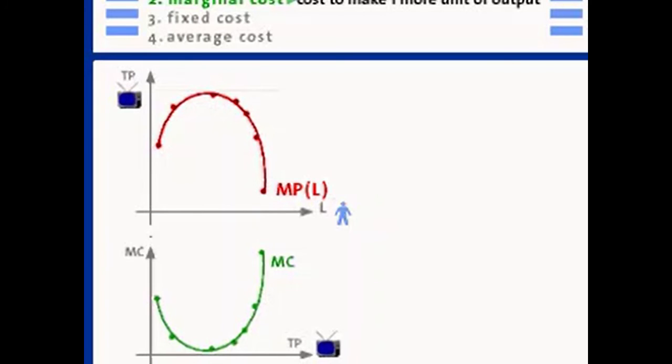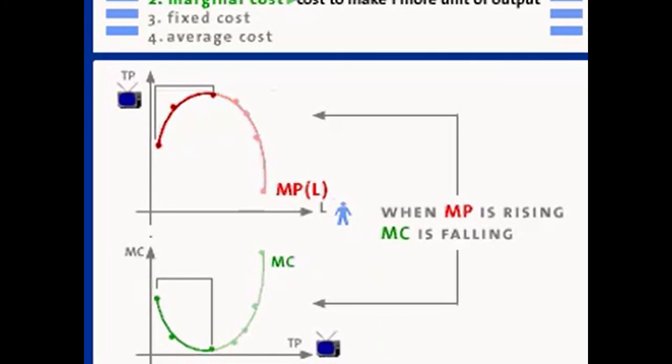Here, let's say one worker can produce 1/4 of a television set, so it takes 4 workers to produce one television set, and that's expensive. Up here, one worker can produce half of a television set, so it only takes 2 workers to produce a whole television set, and the marginal cost is lower. Up here, maybe one worker can produce a whole television set by himself.